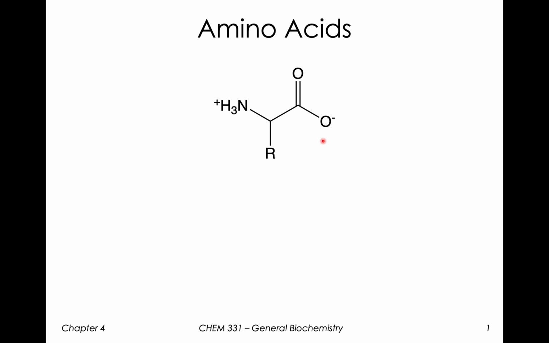The carboxylate group is going to be deprotonated because carboxylic acids have a pKa of around 3 to 5, which is less than physiological pH. Remember that in the context of a protein, this is where coupling occurs, so this carboxylate group is going to be coupled with an adjacent amino group to make our peptide bond.